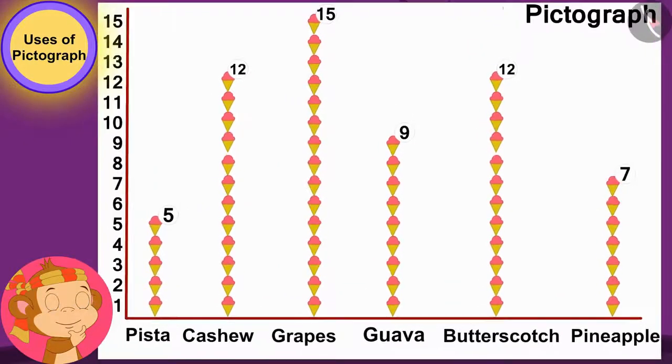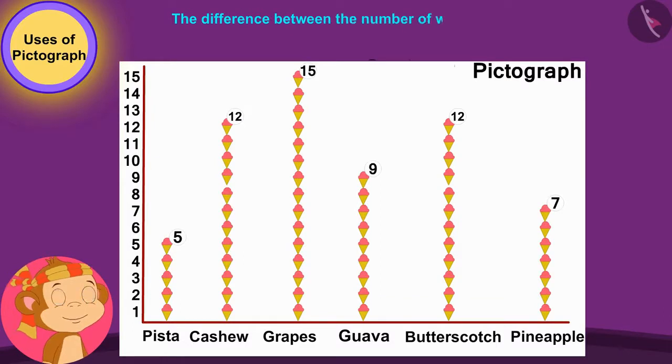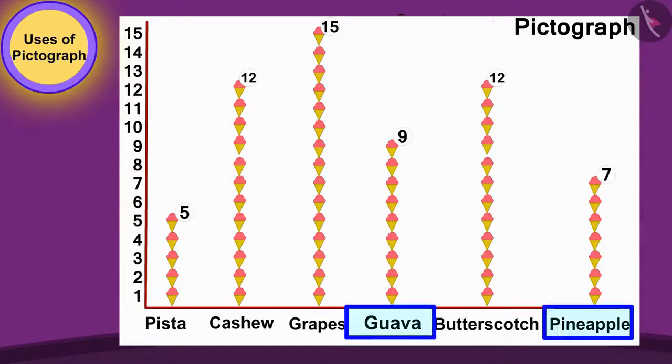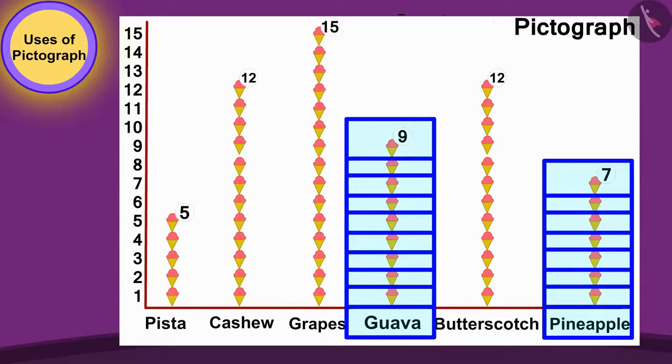Children, can you tell us the difference between the number of which two ice creams liked by people is 2? If you want, you can stop the video and find the answer. That's correct! The guava line has 2 ice cream symbols more than the pineapple line.